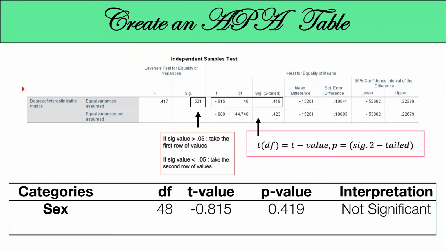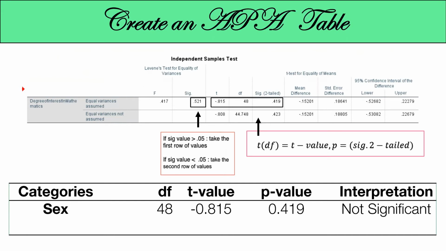Since our significance is greater than 0.05, you take the first row of values. Remember that. Our t there is negative 0.815, our df is 48, and significance is 0.419. As you can see, we have the correct value for df, which is 48.